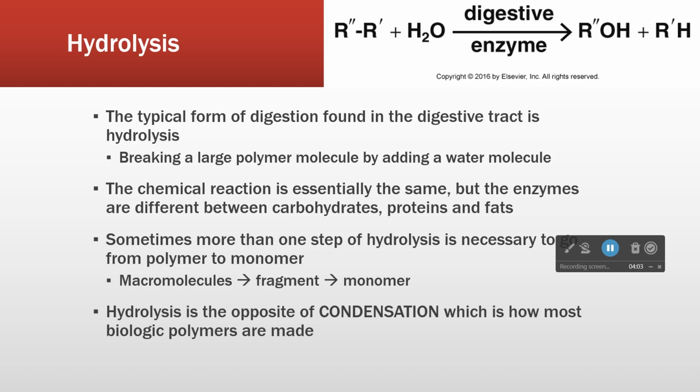You go from protein to smaller proteins, and then those proteins get broken down into smaller yet, and eventually at the brush border, you finally get to your amino acids, right? So it's often a multi-step process. Same is true for starches. We go from starches typically to disaccharides, and then we go from disaccharides to monosaccharides, again at the brush border, okay?